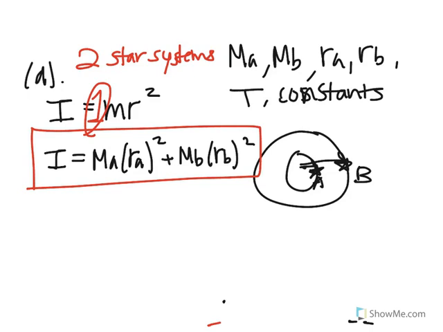Now for the last part, part E, the problem asks you to find the angular momentum of the system about the center of mass. Angular momentum, L, is equal to I times angular velocity.